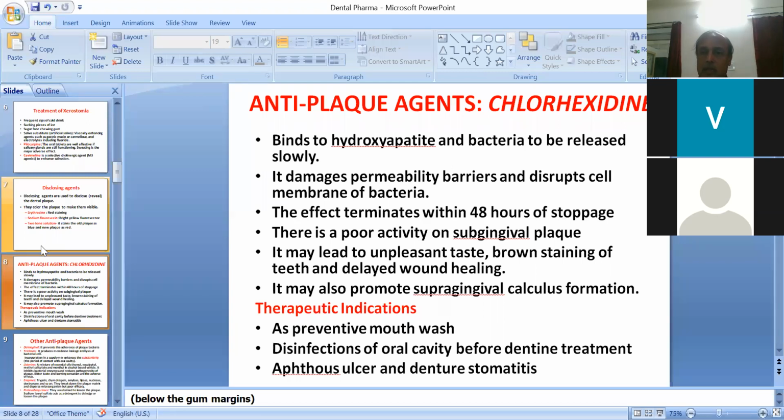Anybody can answer which antibiotic produces yellowish brown discoloration of the teeth? Rifampicin? No. Yellowish brown discoloration of the teeth. Rifampicin causes red orange discoloration, but not specifically of the teeth. It does not deposit in the teeth. It is secreted elsewhere as red orange.